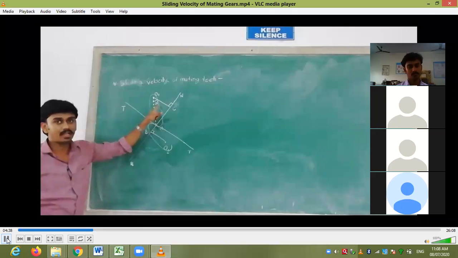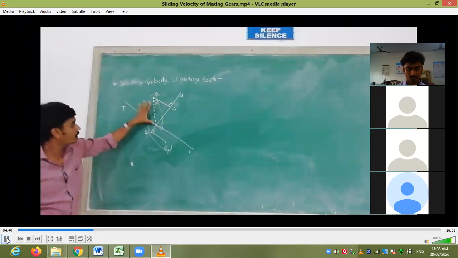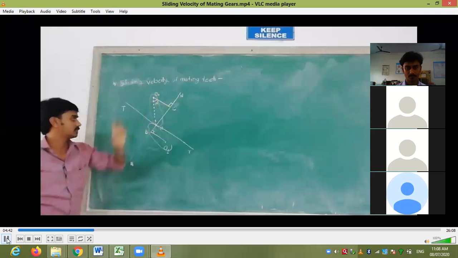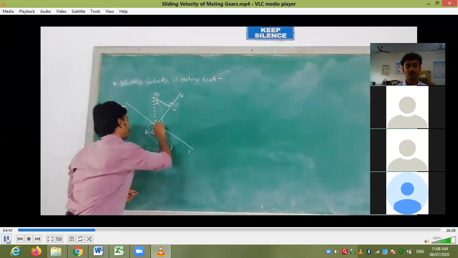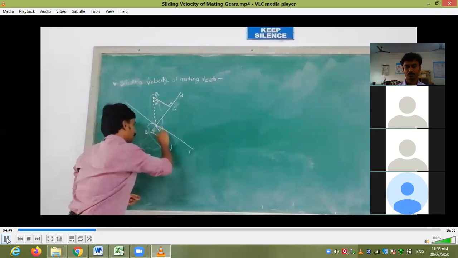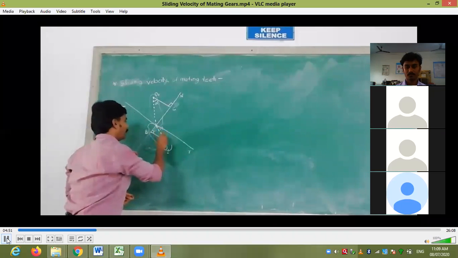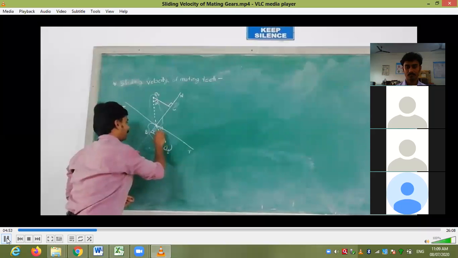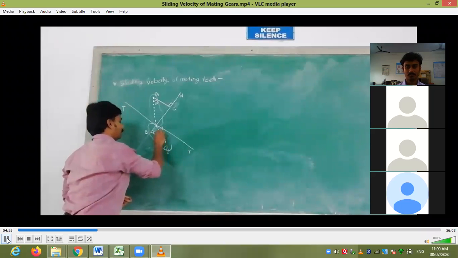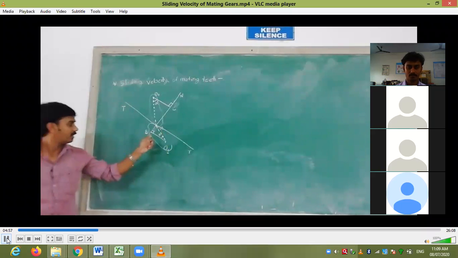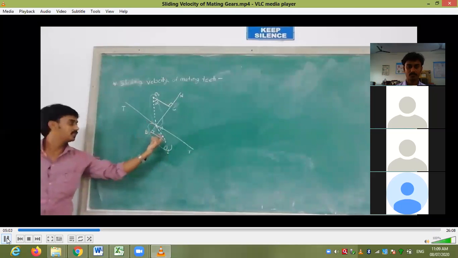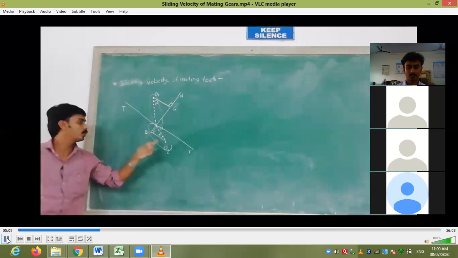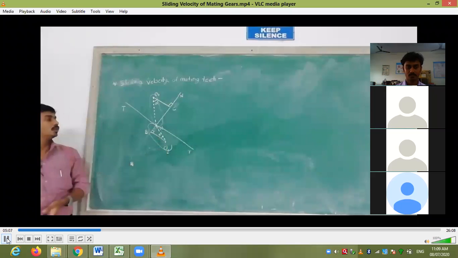Alpha is the angle between the lines O1 to A and O1 to C. Similarly, join the point O2 to A and mark the angle theta. Theta is the angle between O2 to B and O2 to A.